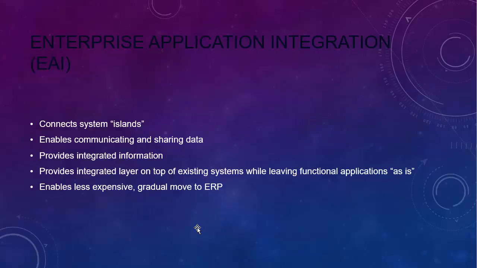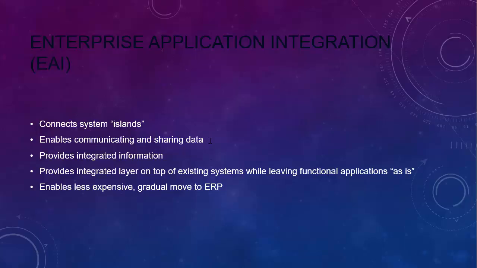The last enterprise system I want to talk about is this EAI. EAI, the Enterprise Application Integration, to me is, if you think about it, more like middleware. And so it connects different systems so they can share information, so they'd be able to communicate with each other.